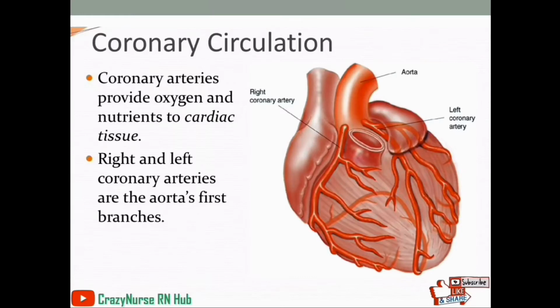The right and left coronary arteries are the aorta's first branches. So once the oxygenated blood reaches your aorta, it will branch out to your left and right coronary arteries. Then it will nourish your cardiac muscles. Then once it becomes deoxygenated, it will be drained through your coronary veins and go to your right atrium to be oxygenated. And the process continues.